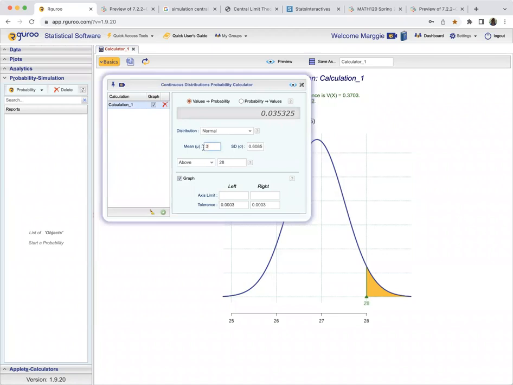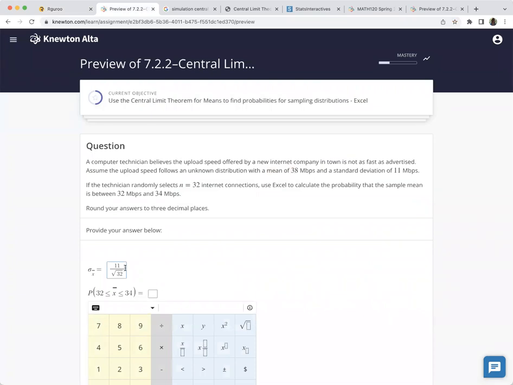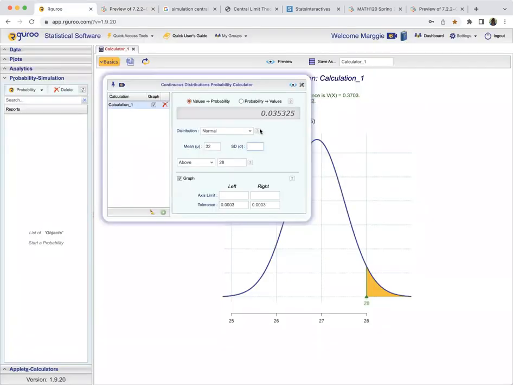We need a mean of 32. And then we need a standard deviation. We need to know who this is. Again, 11 over the square root of 32, and this is 1.9445.